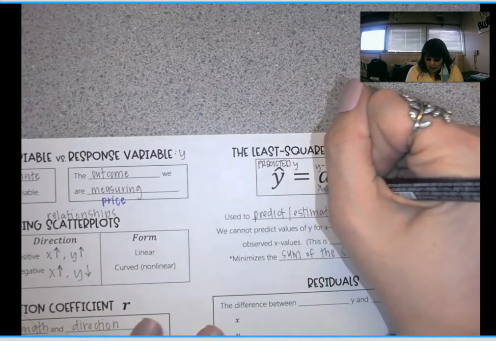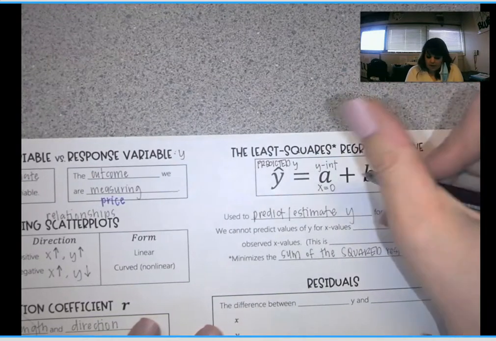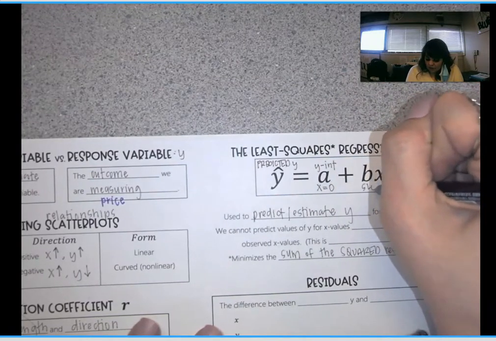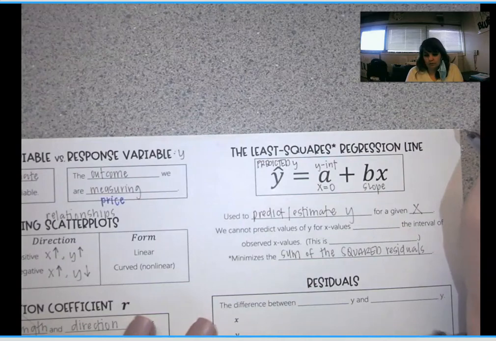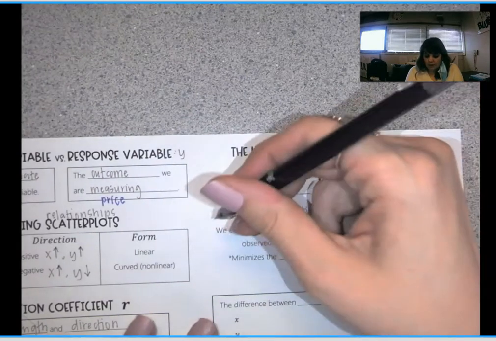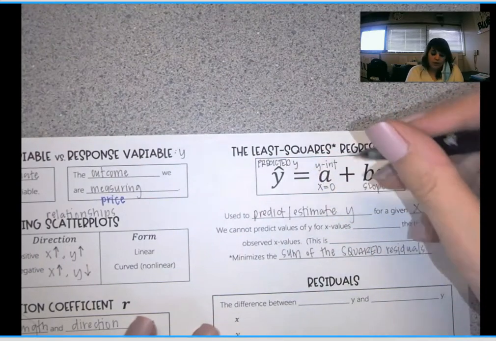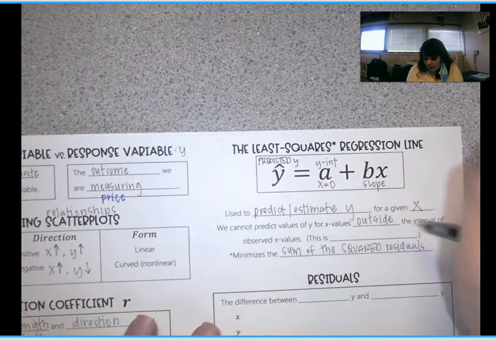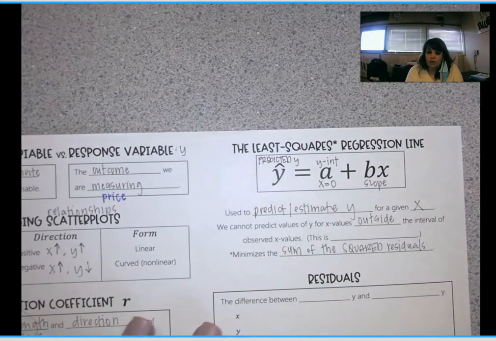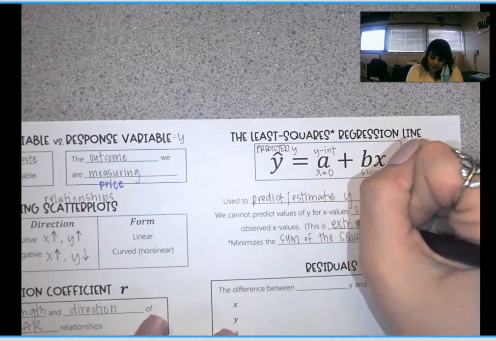That is when X is 0. And then the letter B is your slope. So for every 1 increase in X, what is Y doing? Remember, when you want to predict values for Y, you cannot use X values that are outside the interval of observed values, because this is called extrapolation.